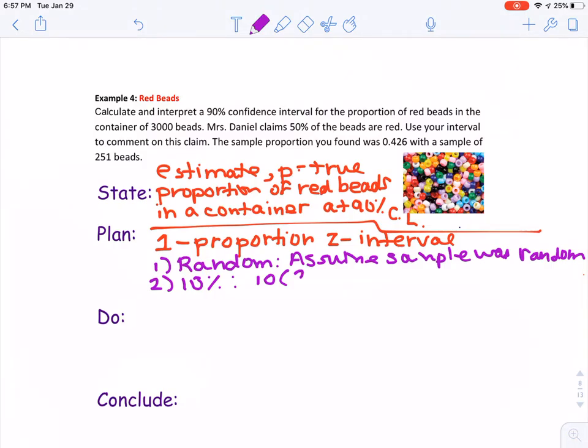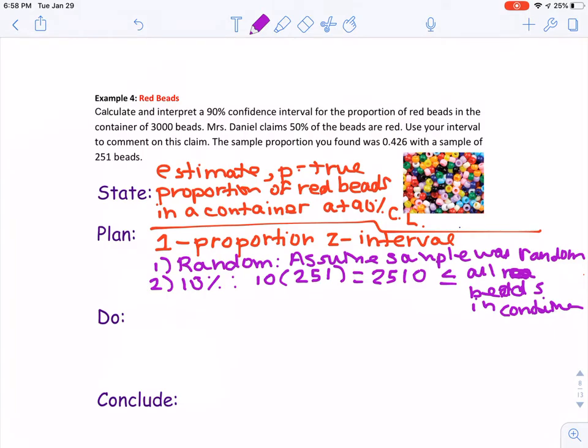Okay, so we're going to take 10 times 251. Okay, that would be 2,510. And we're going to assume that that's less than or equal to all beads in container. Oh my goodness, I'm so sorry about how sloppy this is.